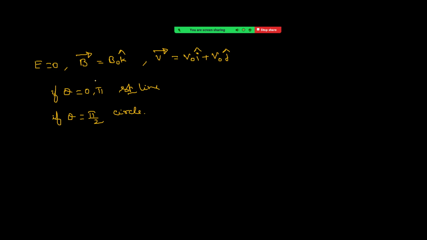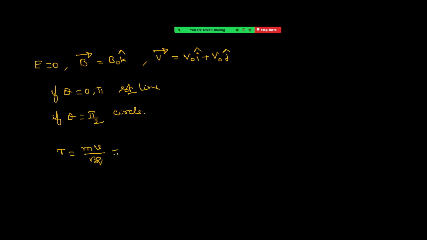So now see the options. Option A, helical, is not correct, and B is also not correct. Now we have to focus on the radius of the circle and in which plane. You can see radius r equals mv by Bq.